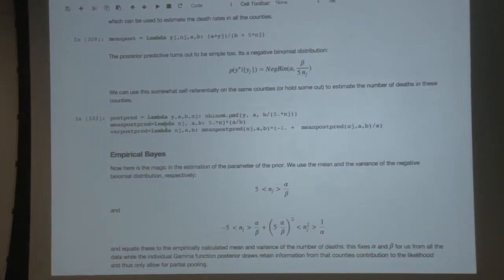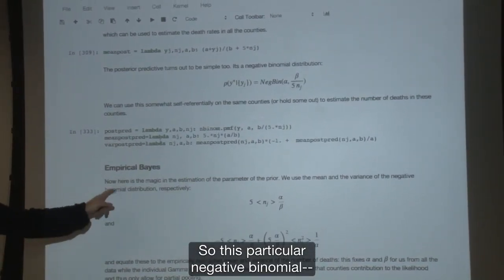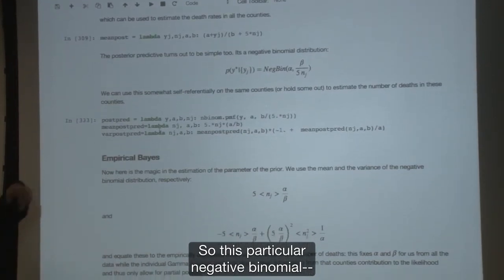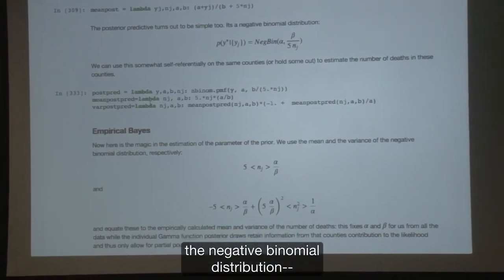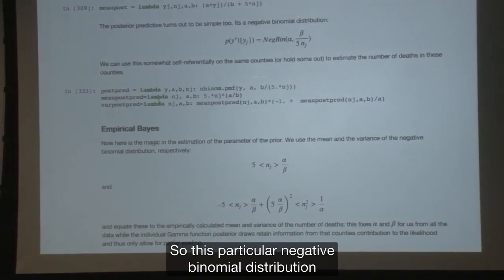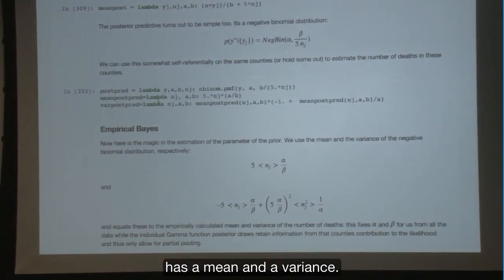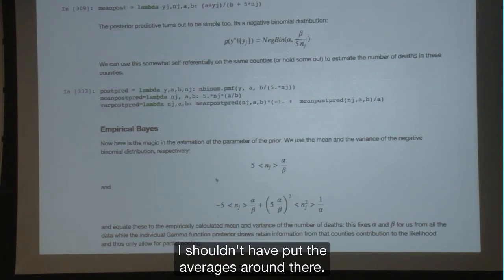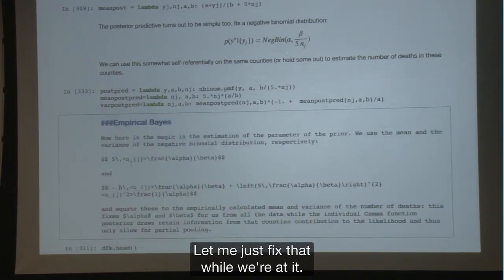Okay. So this particular negative binomial distribution, and remember, you're doing this for every county j, has a mean and a variance. I shouldn't have put the averages around there. Let me just fix that while we're at it.